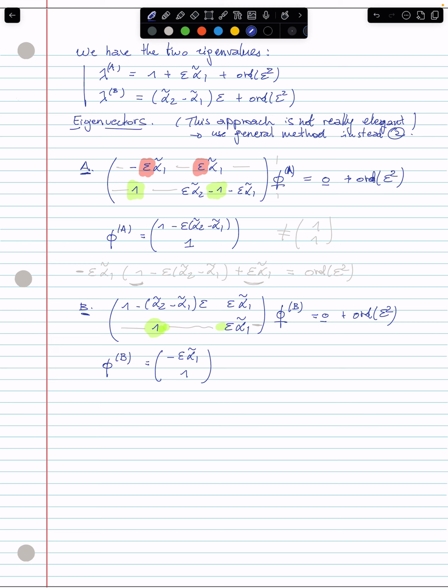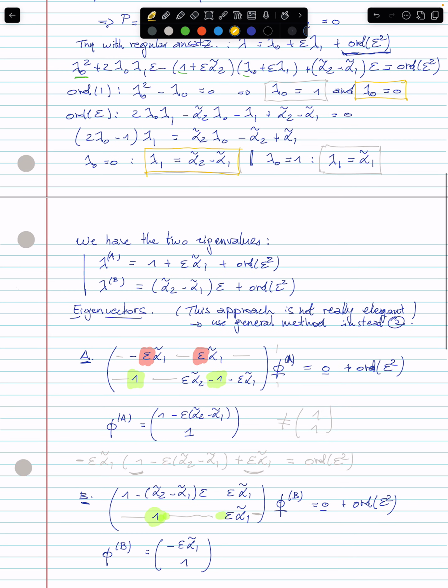Okay, so in summary, we have in yellow lambda b, which is 0 plus alpha 2 tilde minus alpha 1 times epsilon.